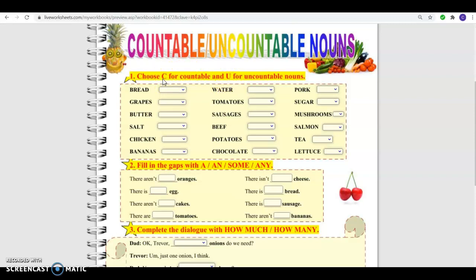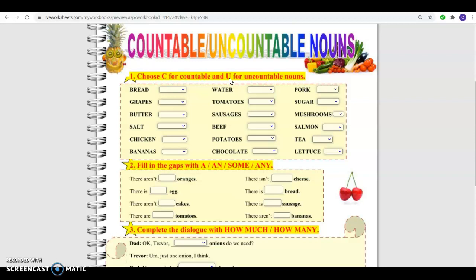We say countable when a word can have the plural form. Decimos countable cuando esta palabra puede tener forma plural. And we say uncountable when this word doesn't have a plural form. Y utilizamos U para los uncountable.